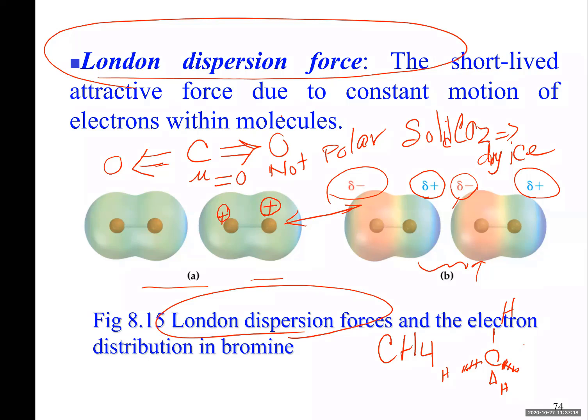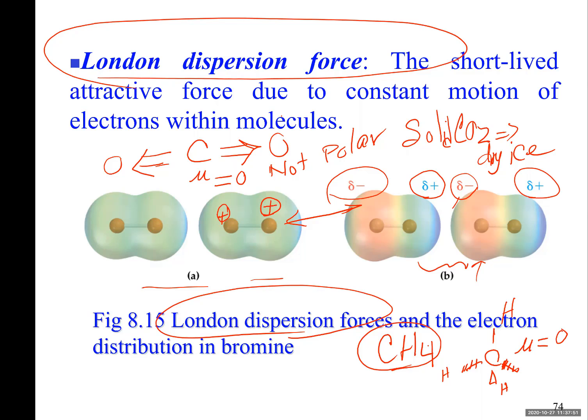However, there are some moons and planets where it's so cold, they see snow of methane gas. That means methane gas can be solidified. So although methane is nonpolar, it can have London dispersion forces. And we now believe London dispersion forces exist between all sorts of molecules.